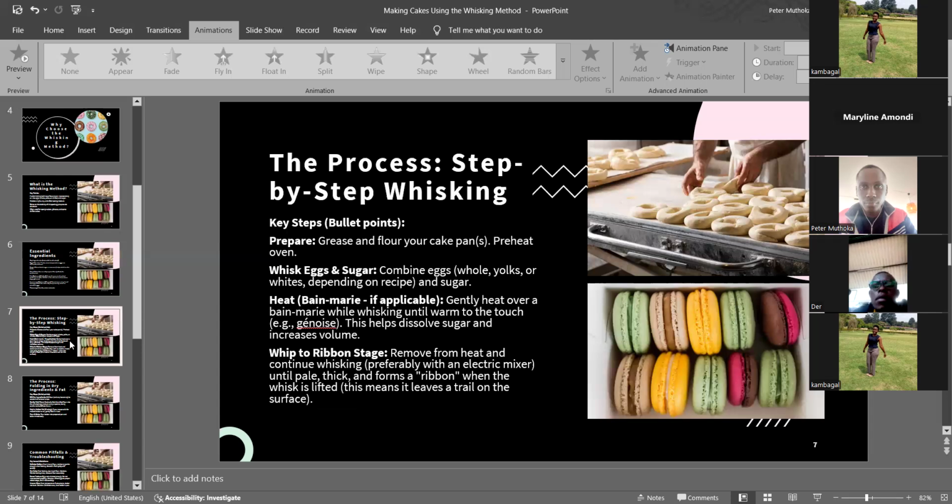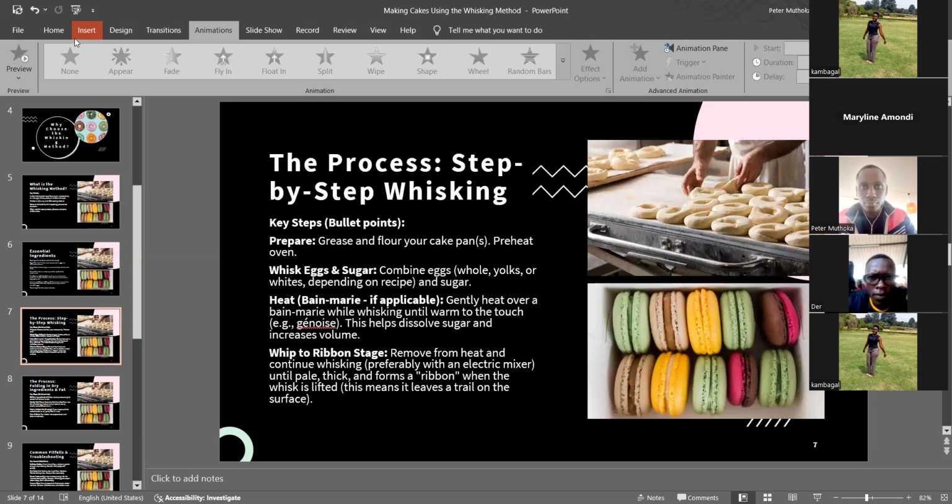Then let's discuss the process of whisking. Can someone read for us the process of whisking? The process begins with preparation, where we grease and flour the cake pan. The next step is to whisk eggs and sugar.